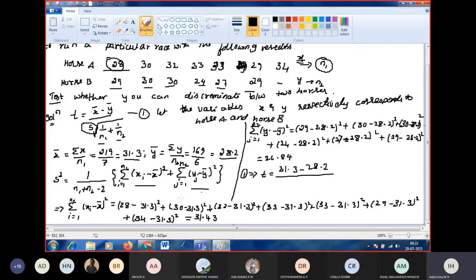So here first we have to find out actually s square, right? Later we can substitute here. Okay, first you find out s square.